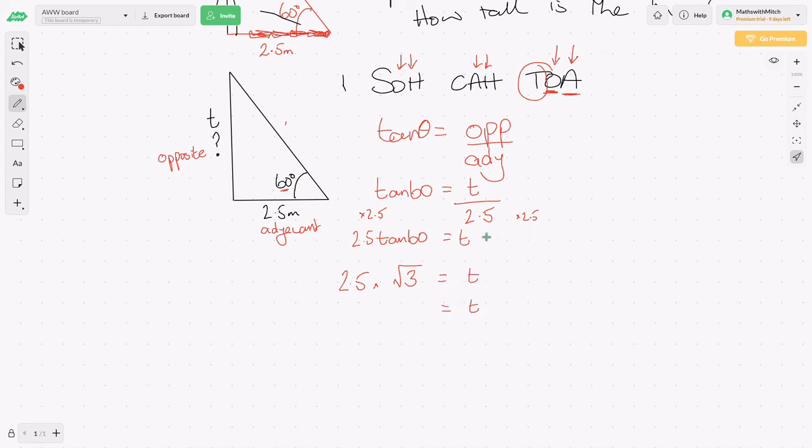So therefore, t equals 4.33. And think about our units here. We've got meters, so 4.33 meters. But if it's in a calculator exam or you can't remember tan 60, you can type tan 60 into your calculator, and that should give you the same answer. So you can check that if you like.